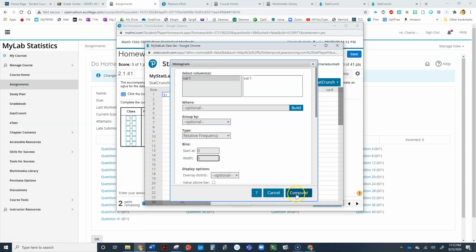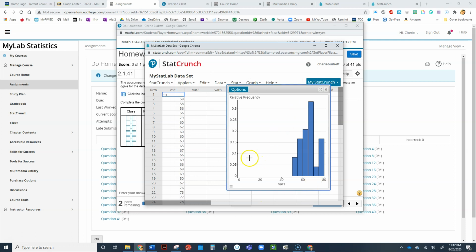I don't have any idea what that's going to do. There you go. Start at 0 and it goes to 5. I don't even know why I wanted to start at 0. I should have looked at my smallest number. I probably should have started at my smallest number. But anyway, there it is.